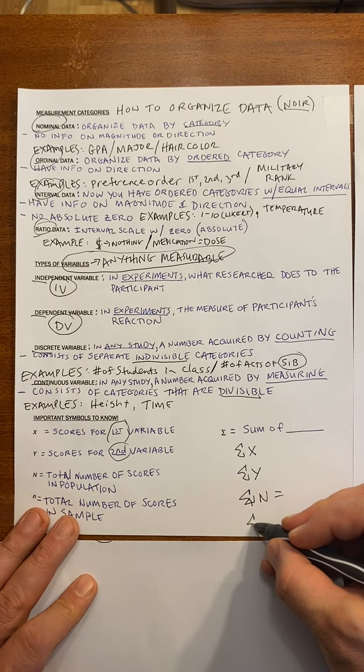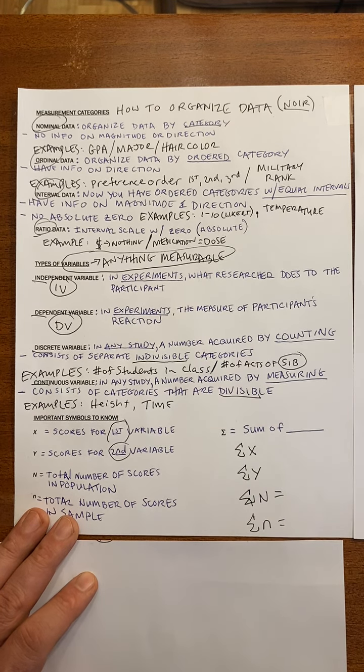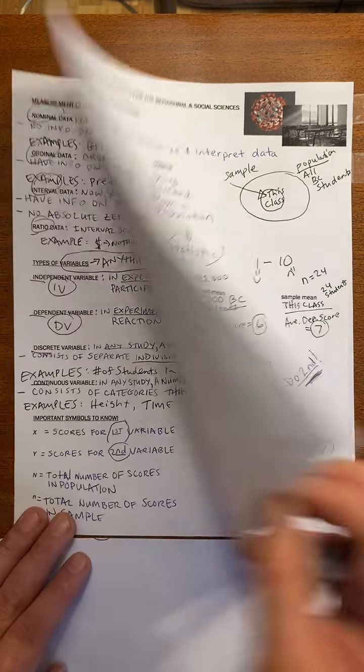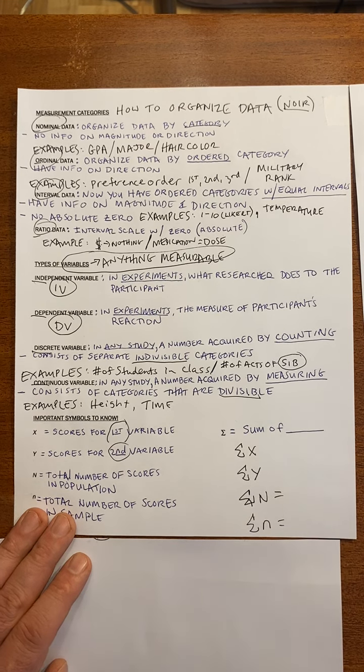Or you can have a sum of lowercase n, and that would represent, okay, for all those lowercase n's, 1 plus 2 plus 3 plus 4, all the way up to 24, and that would give you some number here.